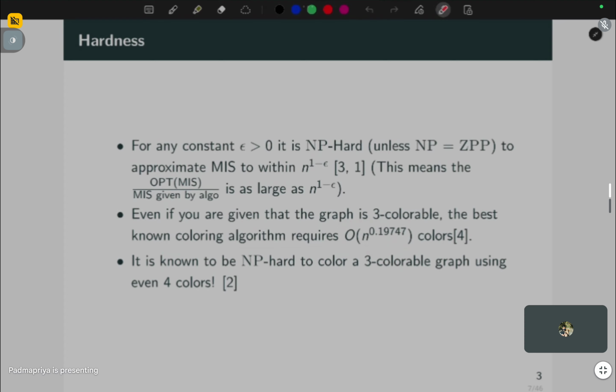So basically, even if I have a graph which is three colorable, and I tell you that the graph is three colorable, I require this many colors to color it. And to make the situation even worse, it is known to be NP hard to color a three colorable graph using four colors.